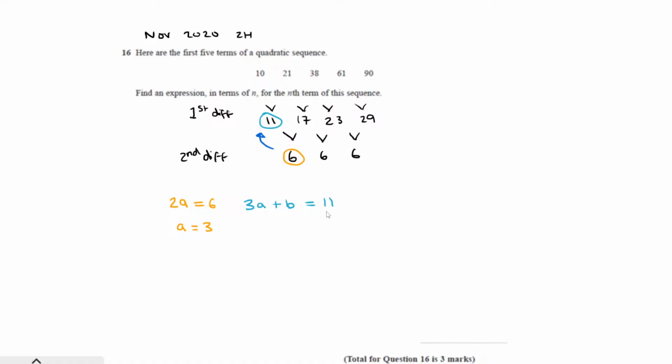Now, the reason why we're doing it in this order, like backwards, is because obviously you can't solve an equation with 2 letters. But because we already worked out what a was, now we can. So if I substitute in a, which is 3, do you see how I can now work out b? So that's 9 plus b is 11, so you can see what b is. I would just solve that to get 2.